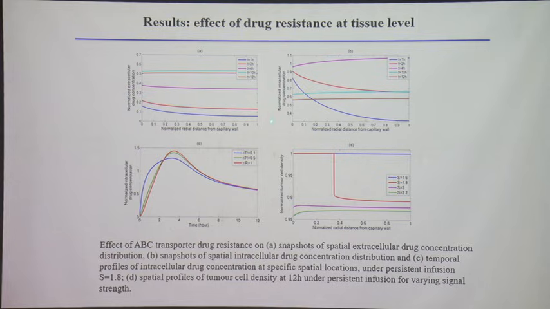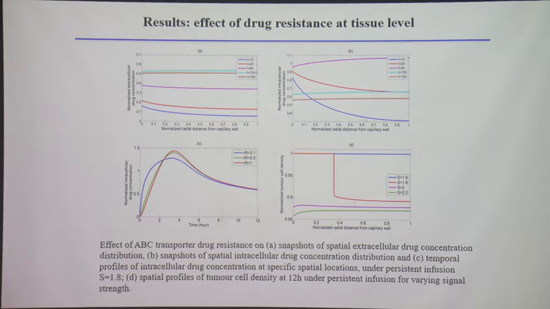So this is the far end of this tumor cord model, and this is the close end. Ideally, we would like a uniform distribution, and also to make sure that the drug reaches the far end and not just the close end. And the interesting thing is, because of the pumping out mechanism of this drug resistance, it actually helps to ensure a more or less uniform distribution of the drug throughout the tumor tissue in this direction.